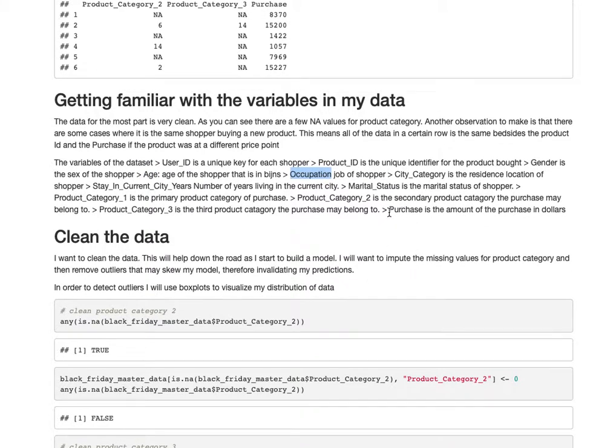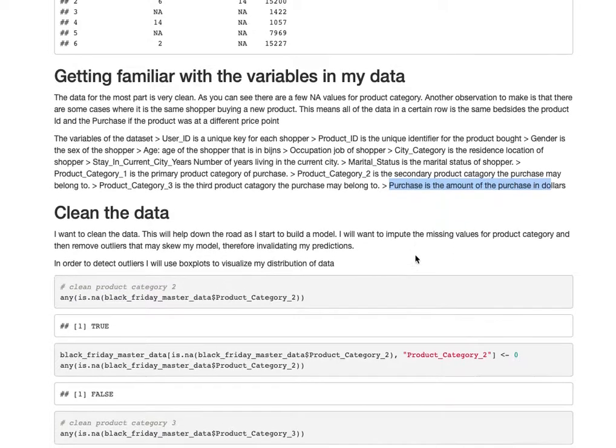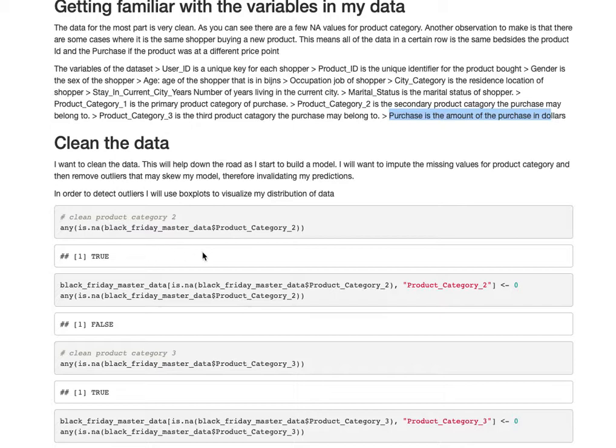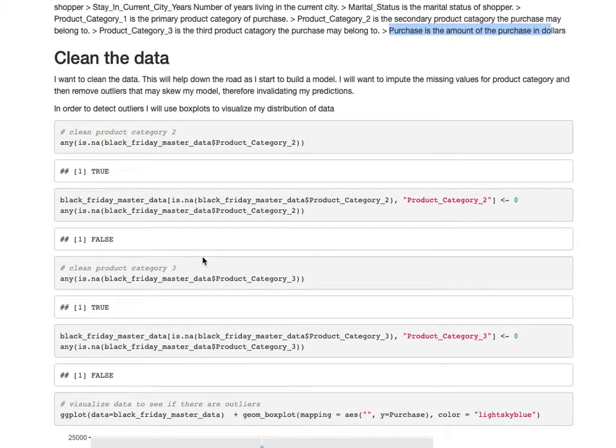And then the purchase amount. This is how much a transaction actually was. If I bought product ID A, I spent X amount. This is the variable that's checking purchase, and this is where we want to optimize purchase. We want to see more transactions, and we want to see people spending more. That's the goal of this model, and what the store really wants from this data set.